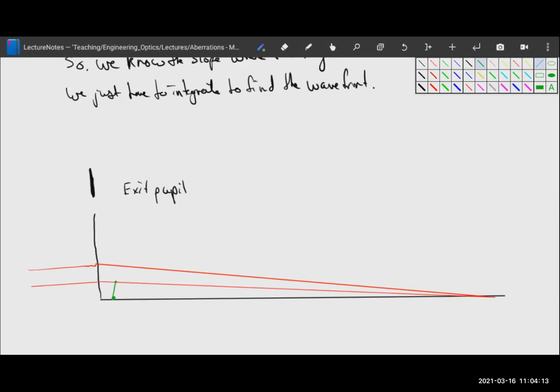We're going to find a ray that is perpendicular to this ray, and then we find where it intersects the next ray. And then that's the next point on our plane that we're solving for, our wavefront. And then we just keep doing that. So we're going to have a whole bunch of rays like this.